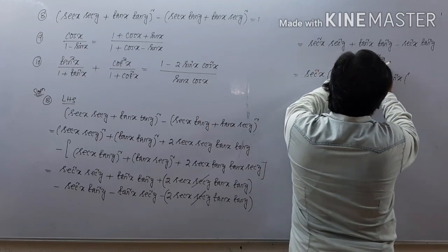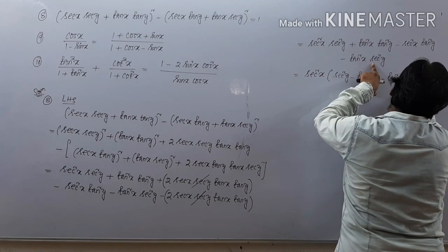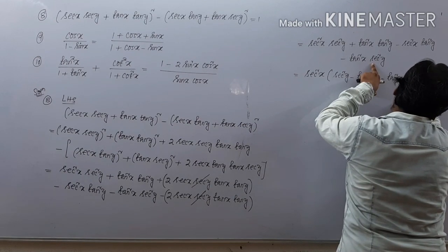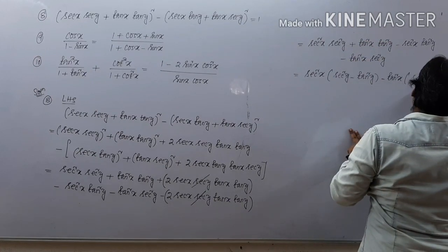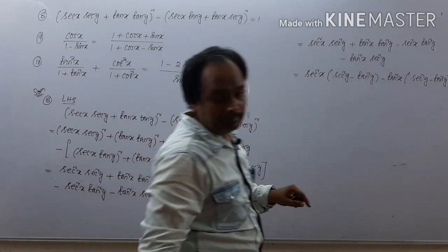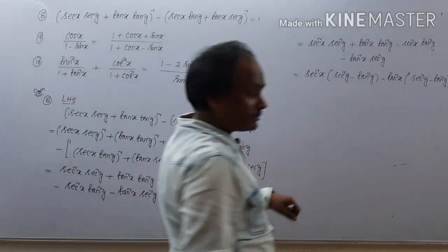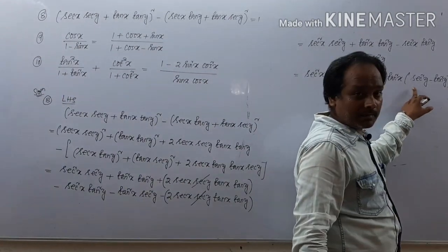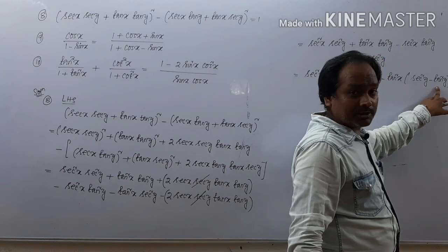So from the fourth term, what is remaining? Sec square y is remaining, minus, in this particular term, tan square y is remaining. Tan square x multiplied to sec square y minus tan square y, right?